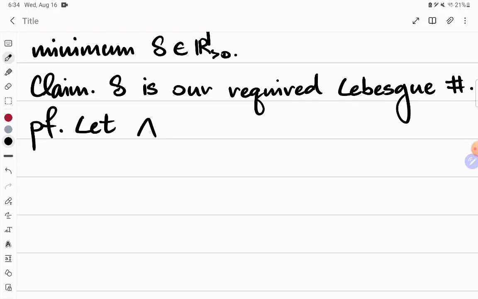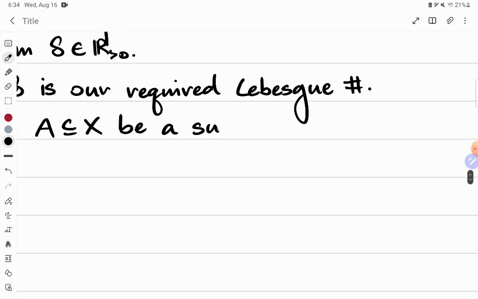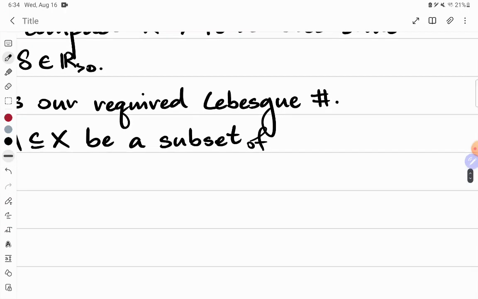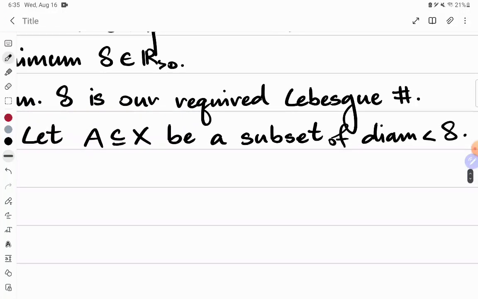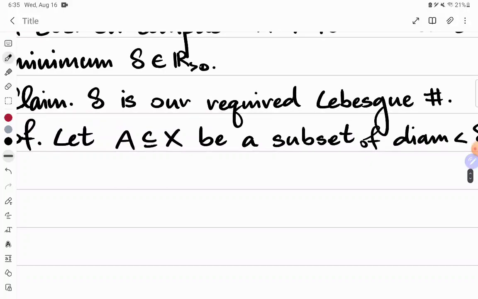Let A, a subset of X, be of diameter less than delta. And by hypothesis, we want to show that this subset A is going to be contained in some element of the open cover.